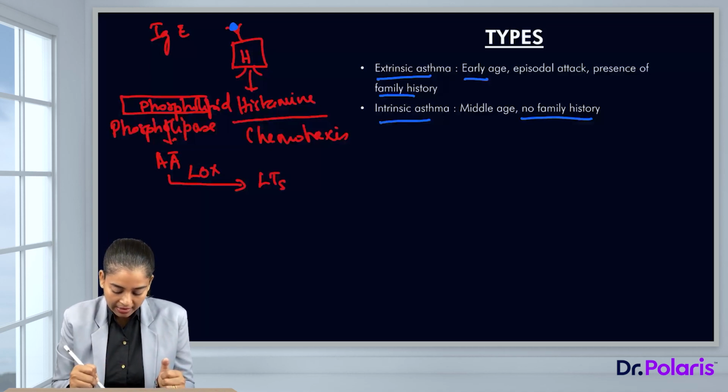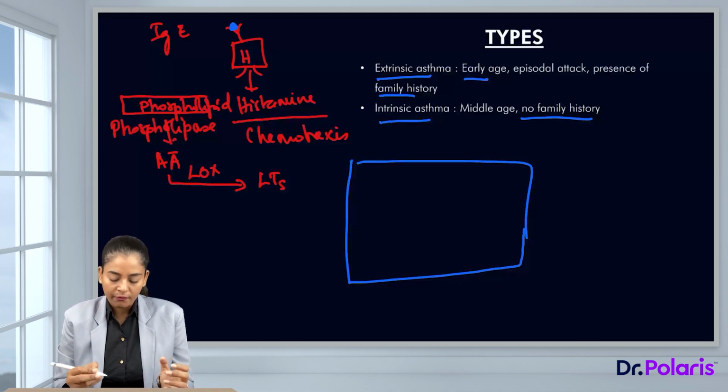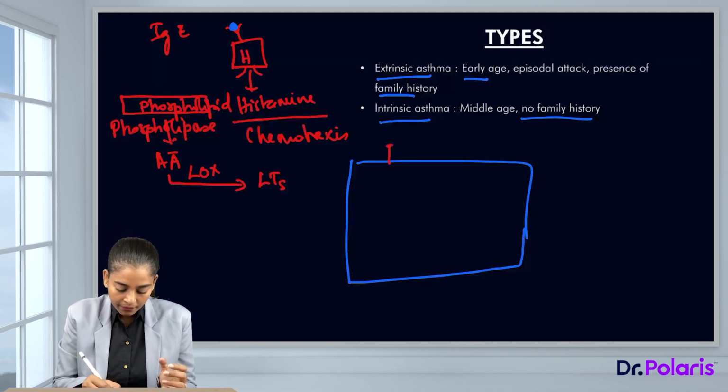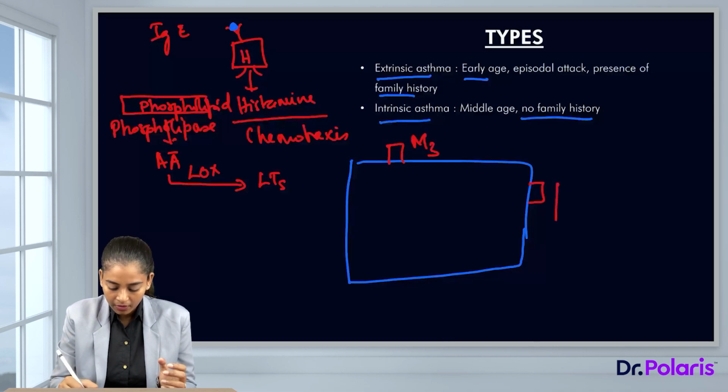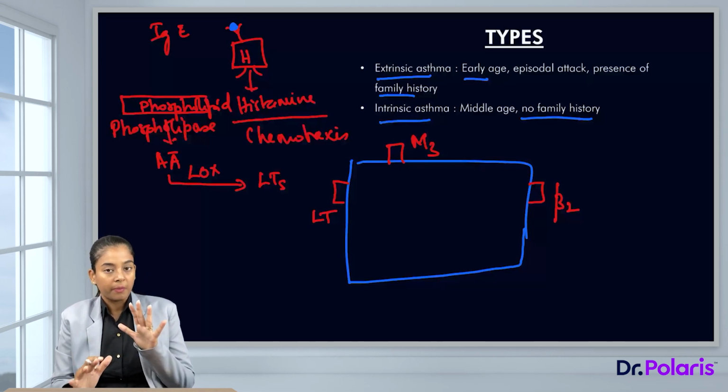Now, this is the bronchial muscle cell. This cell contains a few receptors like M3, beta 2, and LT. LT means leukotriene. This is all pathophysiology.